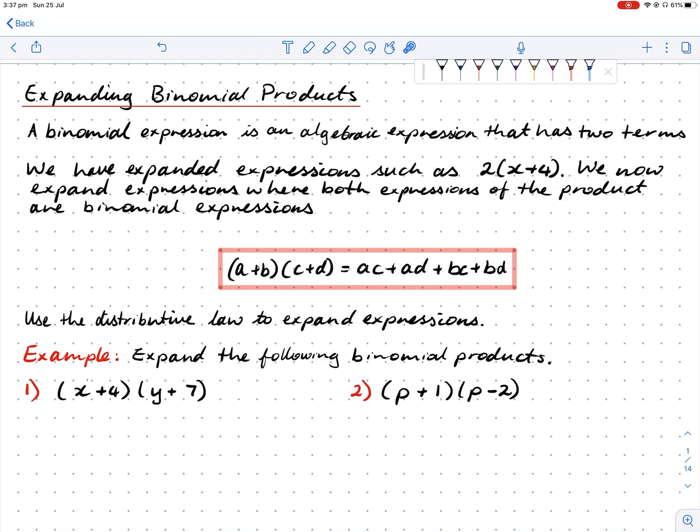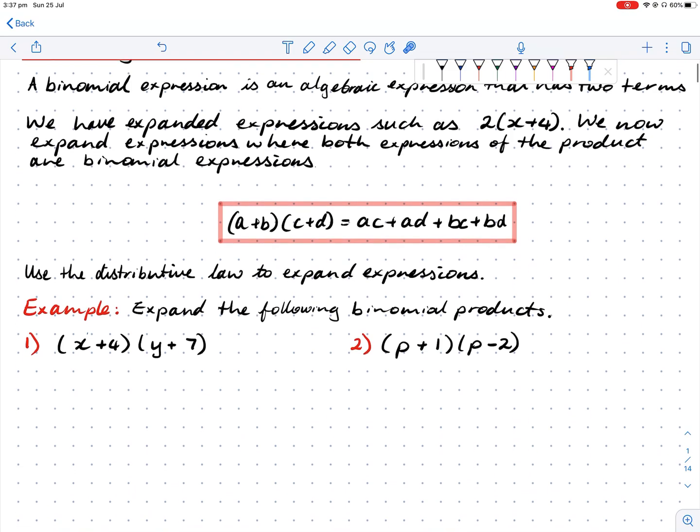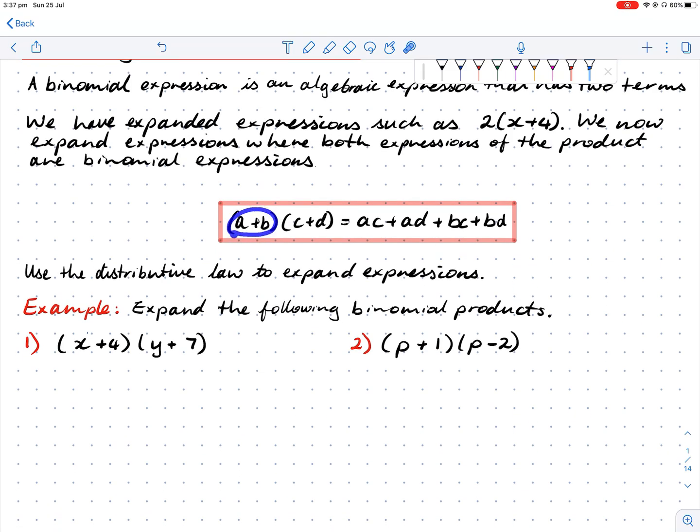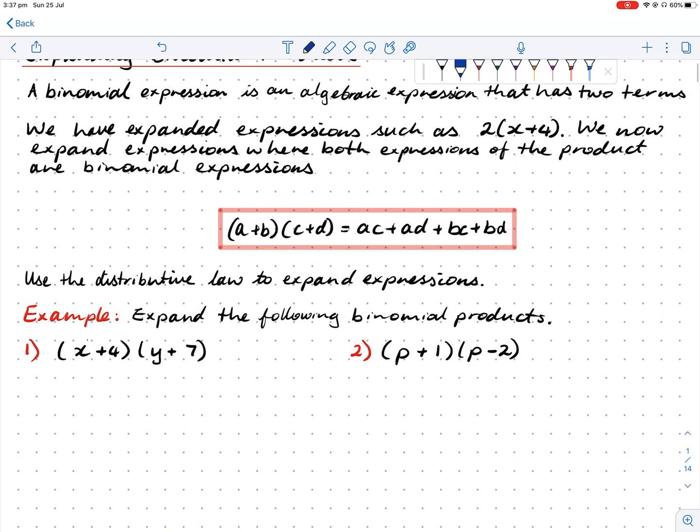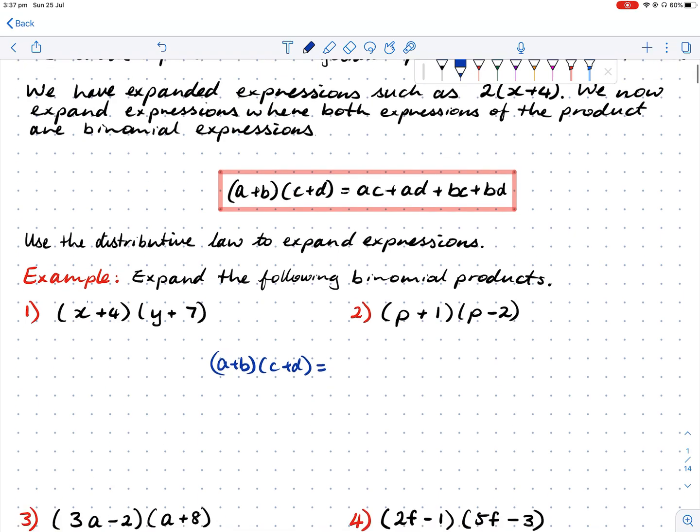So here's a really quick rule about how this would work. If I've got two things in one bracket multiplied by two things in another bracket, basically it comes out to be this. Now how we can prove this is I'm going to take a plus b, c plus d, and we can break up a bracket by expanding, and we leave the other bracket as sort of like the pronumeral.